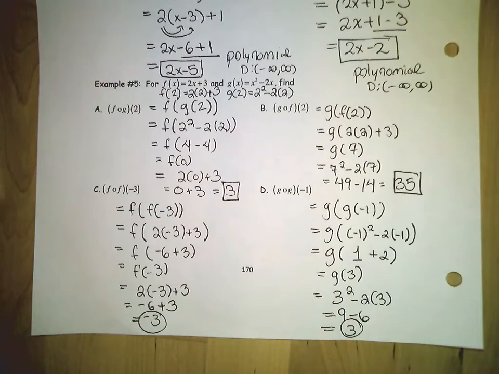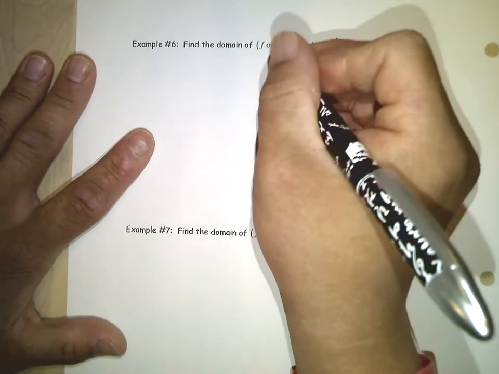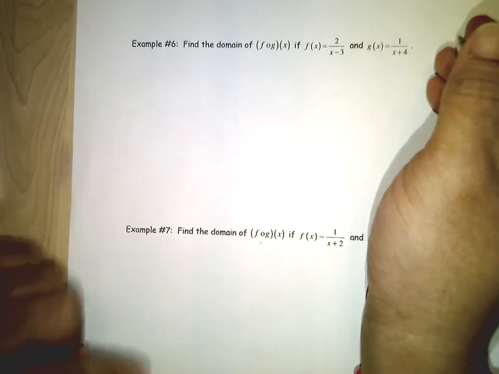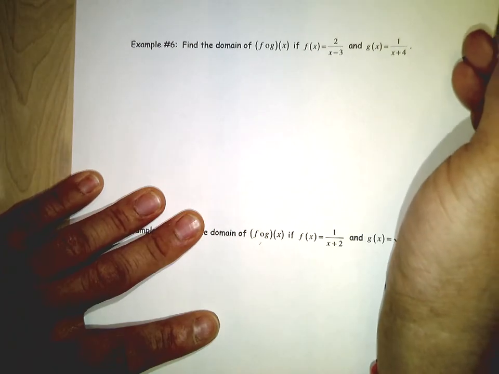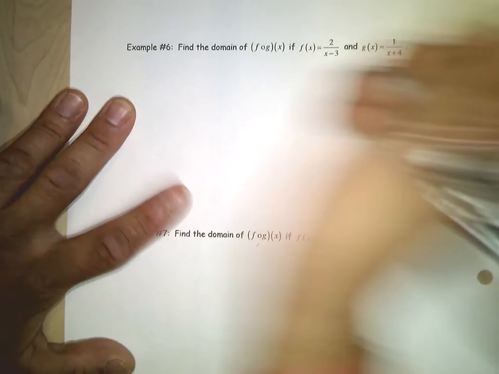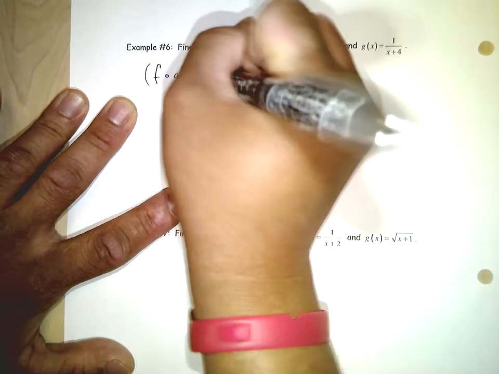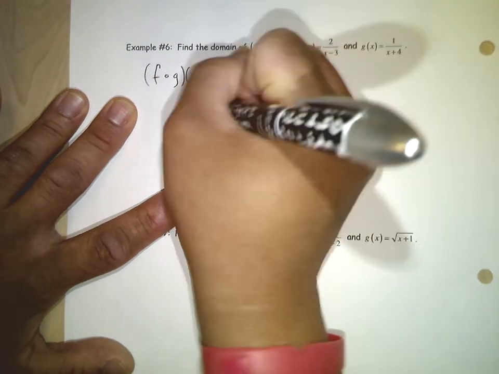All right, now for the next page here, find the domain of f of g of x if f of x is 2 over x minus 3 and g of x is 1 over x plus 4. So f of g of x is f of g of x like this.